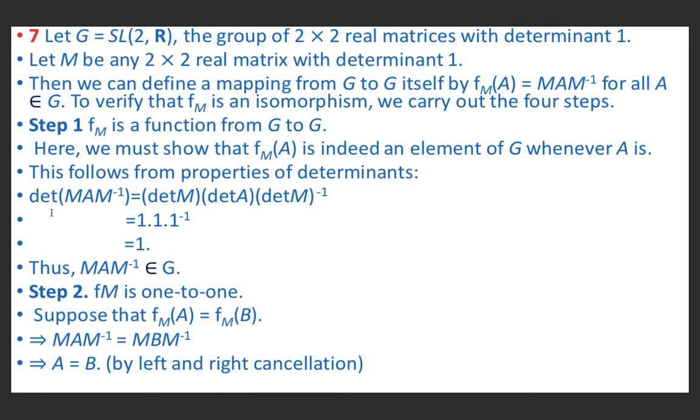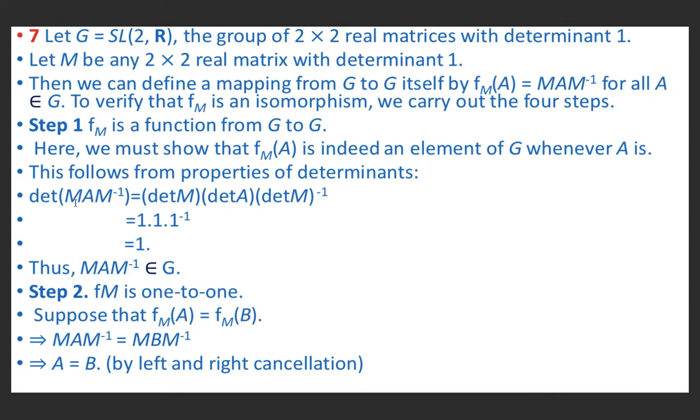So we observe that the determinant of M A M inverse is equal to determinant of M into determinant of A into determinant of M inverse. Determinant of A is 1, and determinant of M inverse is 1 inverse. So this is 1.